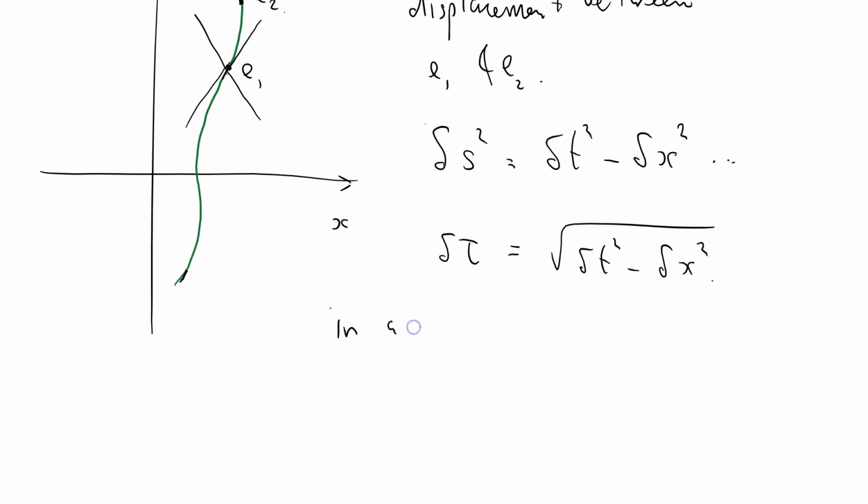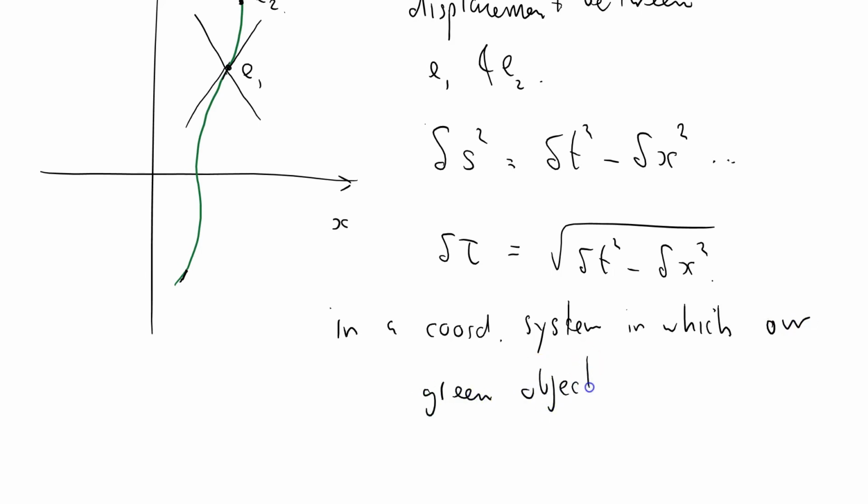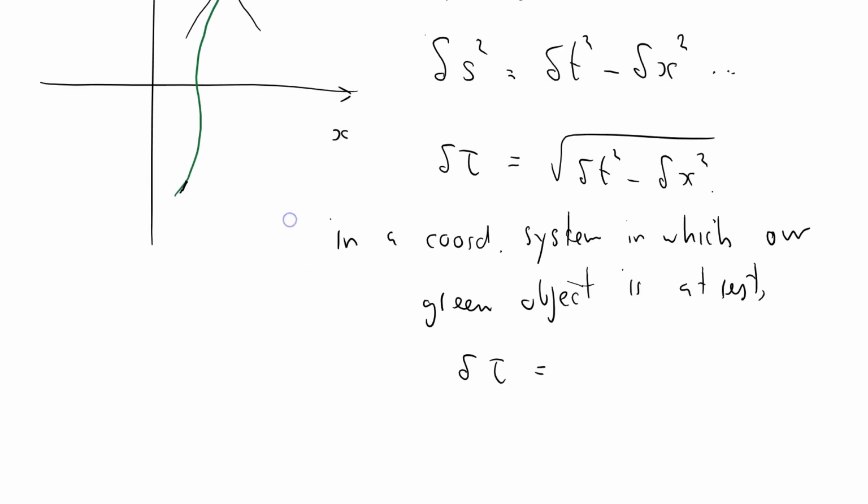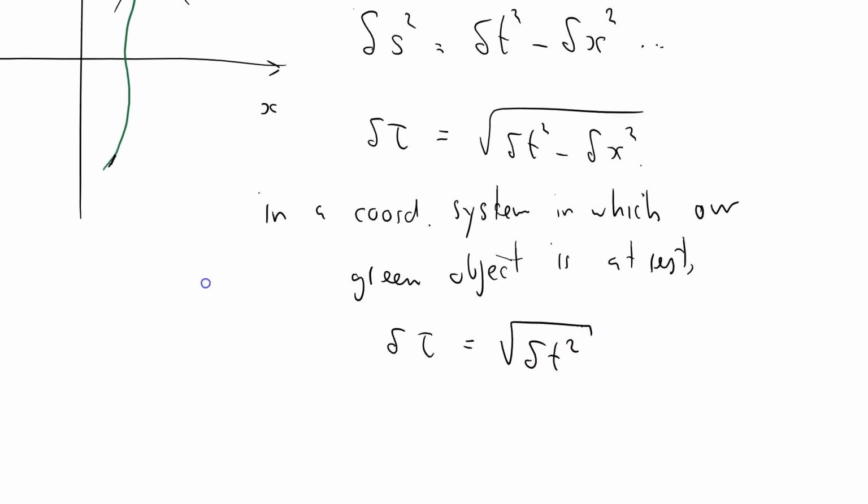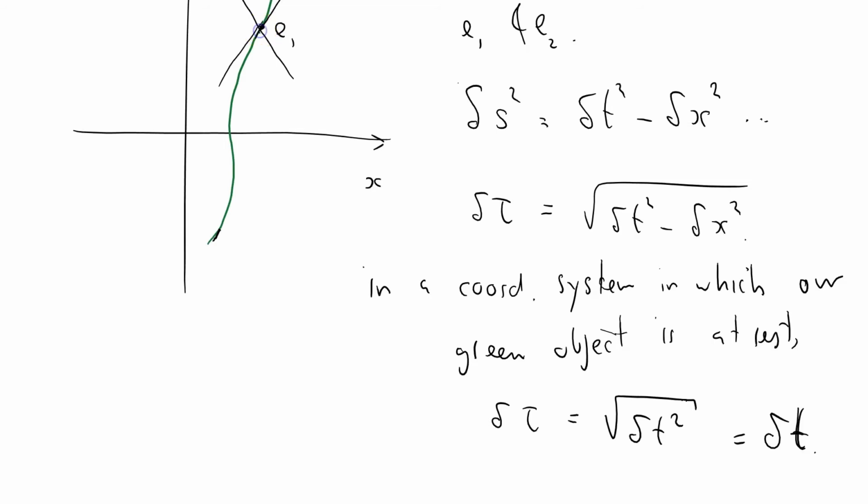Now, in a coordinate system in which our little object here, our green thing, is at rest, delta tau equals the square root of delta t squared, which equals just delta t, where t is time as measured by this person here.